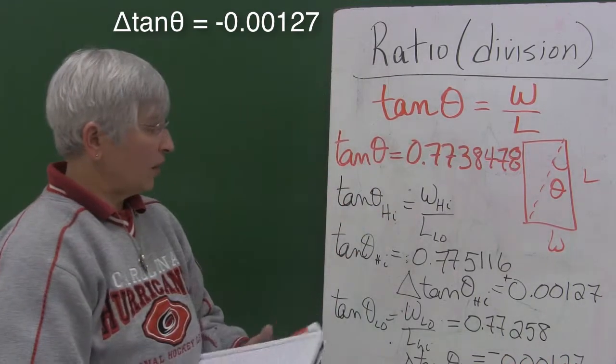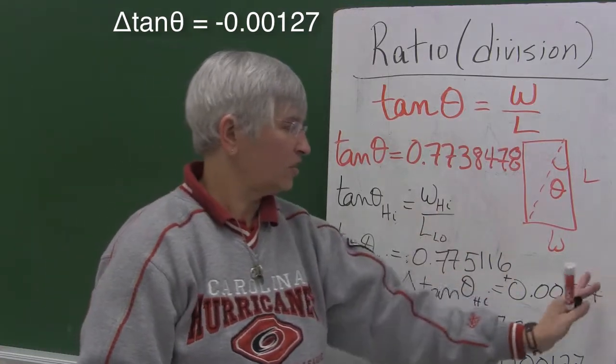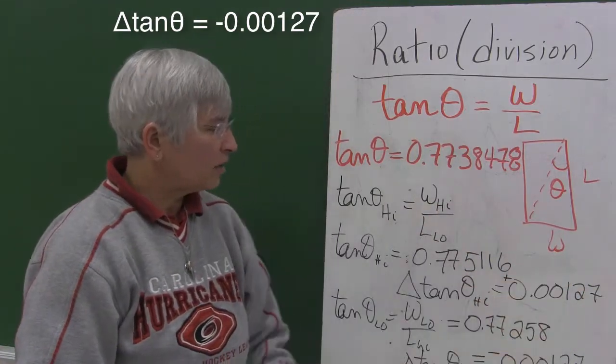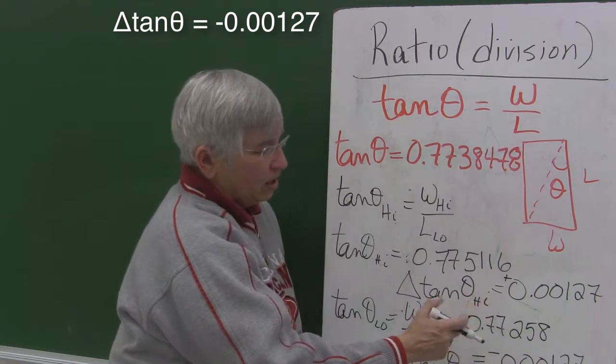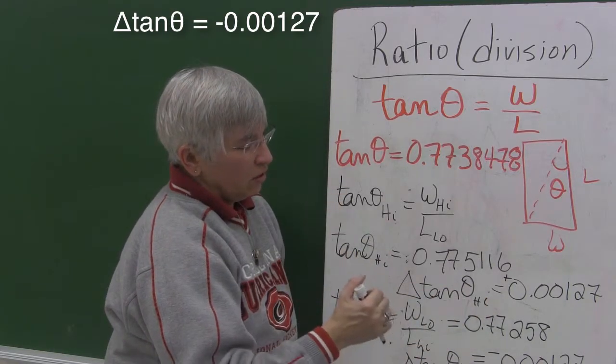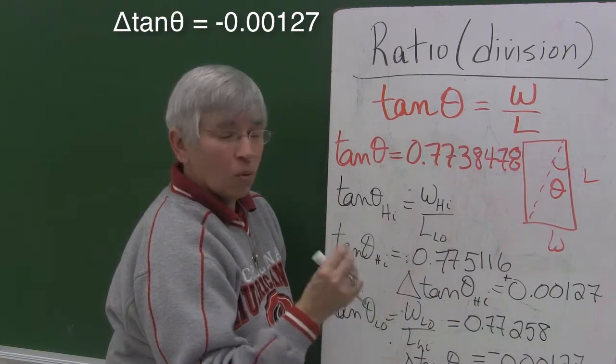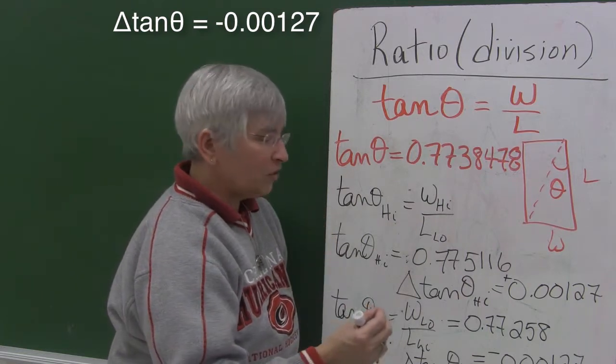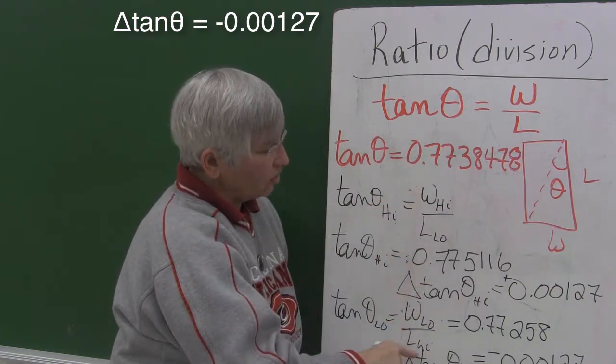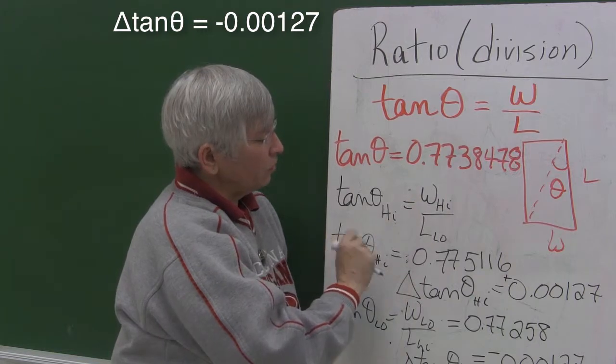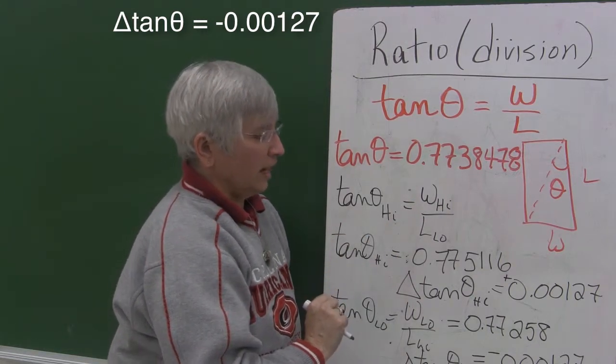So I ended up having a pretty uniform difference, there are some subtle differences later on, but I could get by saying my uncertainty now is going to be 0.0013, and that should encompass all the combinations I could have for the different values for the width and the different values for the length.